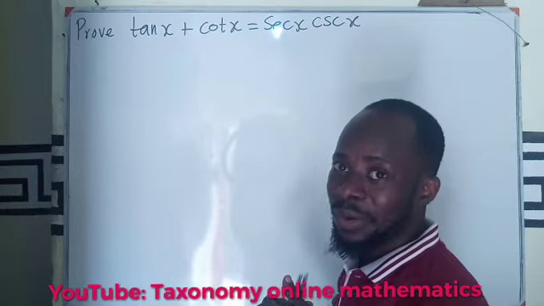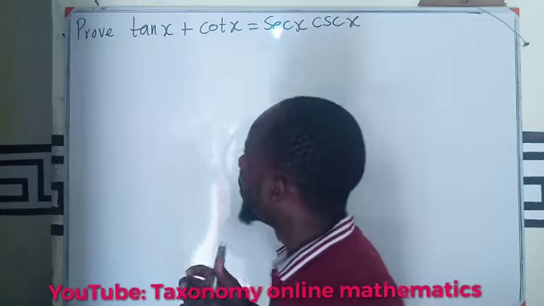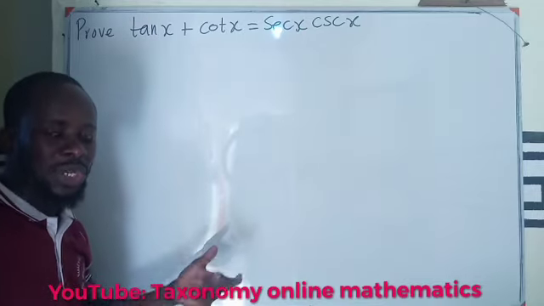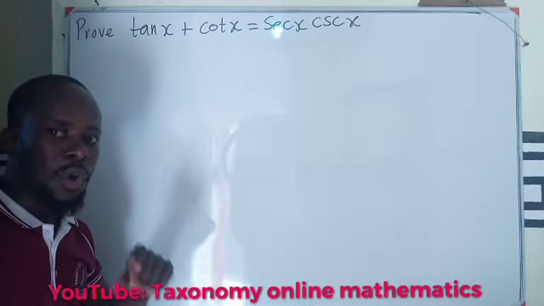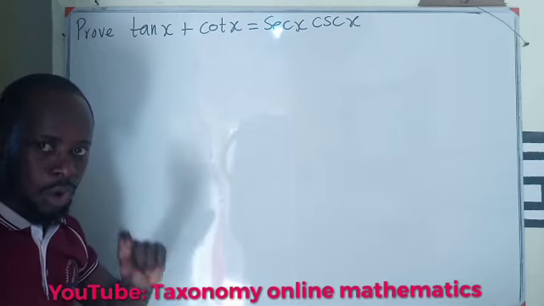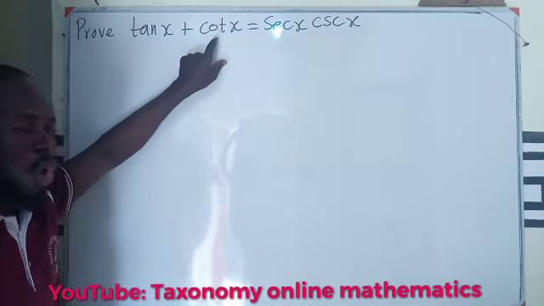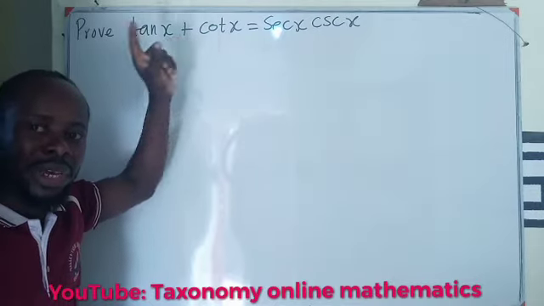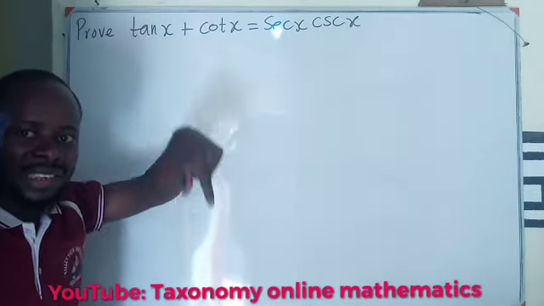Now, to do this, we also have to know that tan has an expression of what? Sine over cos. That is tan. And cot is the inverse of this, meaning it's going to be cos over sine.